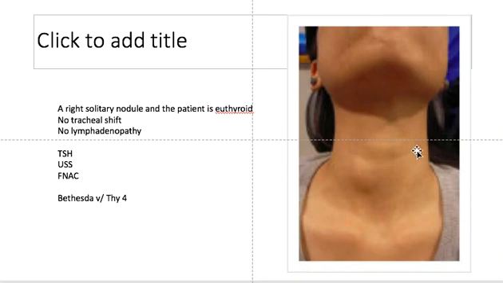And then an ultrasound scan to confirm the morphology, and also it will tell whether there are any suspicious features of malignancy in the solitary nodule. In this patient, the radiologist had some doubt. He said it's suspicious, and the person underwent an ultrasound guided FNAC.